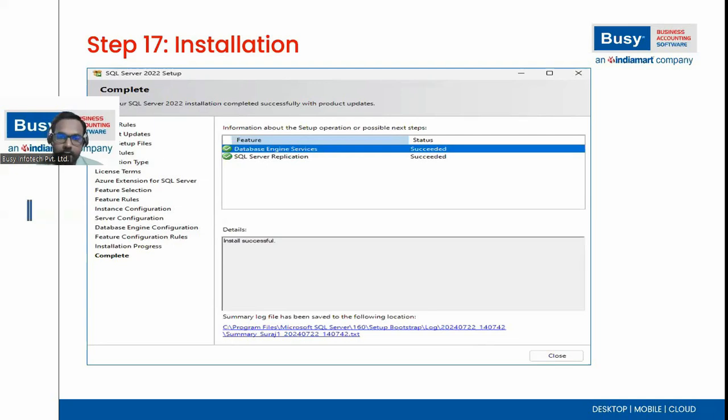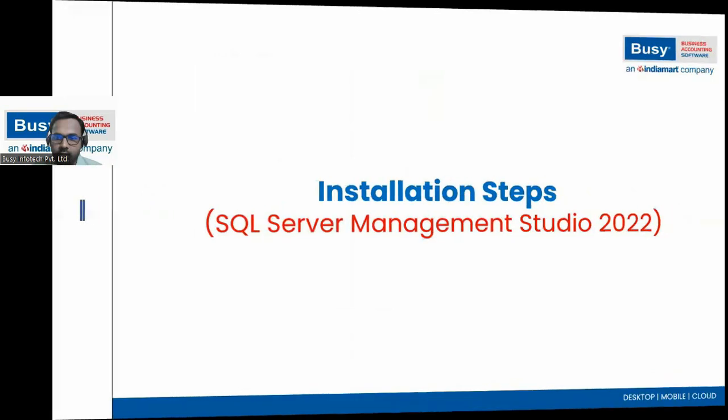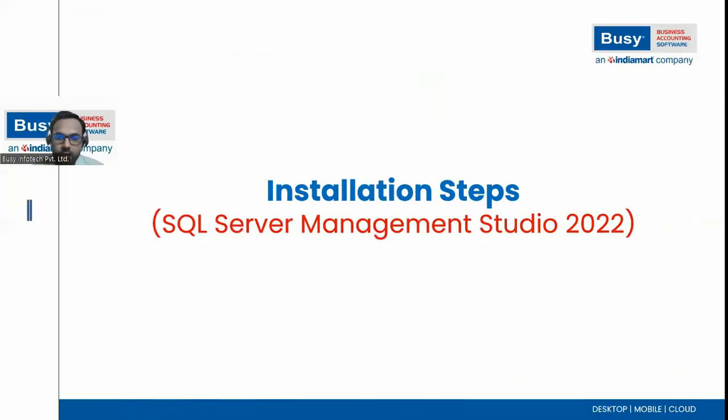Once the installation has been completed, you just install another application called SQL Server Management Studio, because sometimes a busy database can have some issue, like the data going into suspect mode or emergency mode. At that point, we have to retrieve the data and correct the database. That time SQL Management Studio will help you a lot, because it has all kinds of backend features. It will be controlled by the database server.